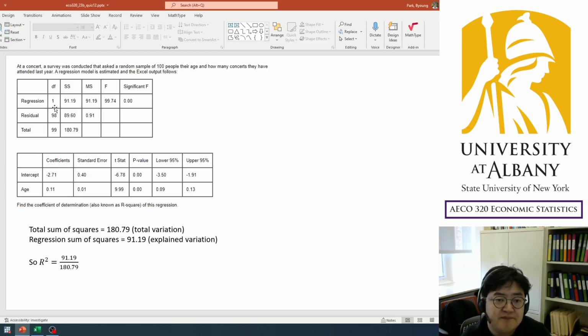Out of them, the regression sum of squares is 91.19. That is how much you could explain in this regression model. So this is the ratio, the percentage, which is how much you explain by this regression model. That is the coefficient of determination. I'll find that using a calculator. Okay, this is it.